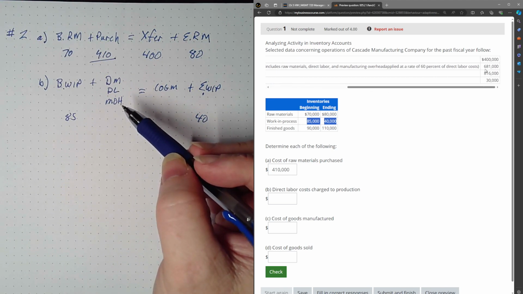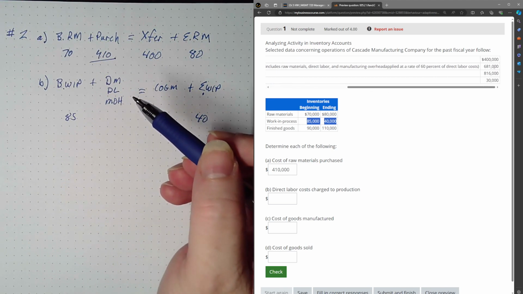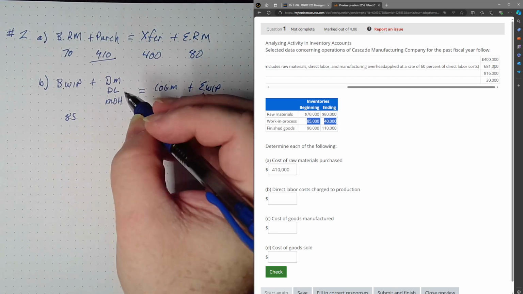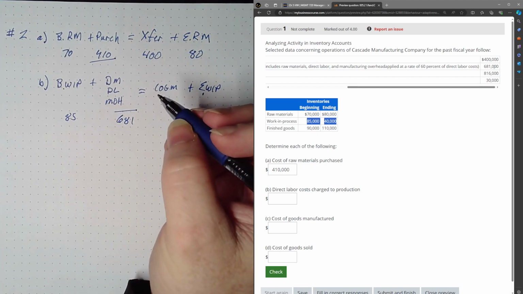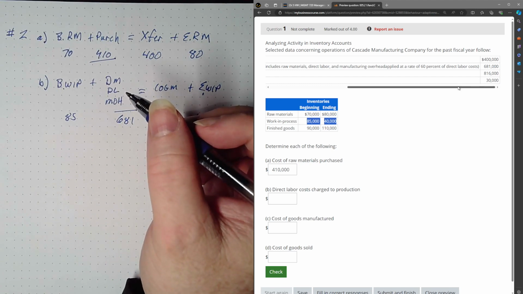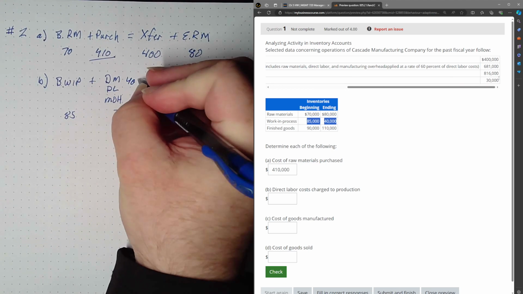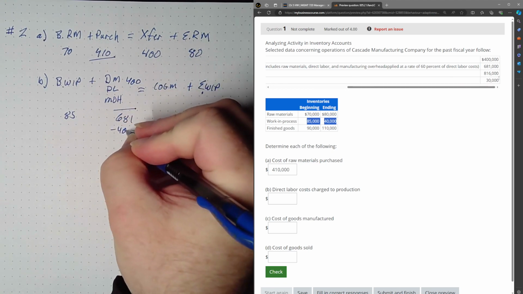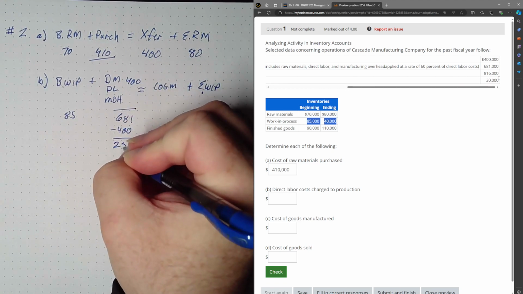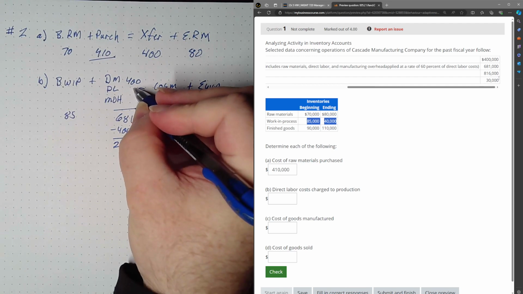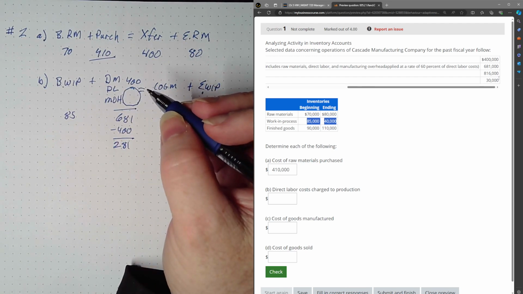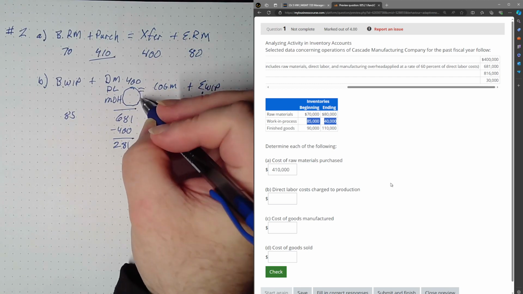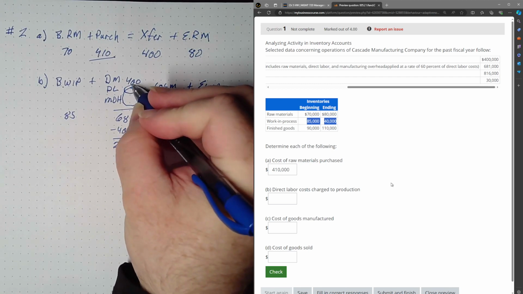It says 681,000. If I'm reading this correctly, they're saying these three together add up to 681. And they've given us raw materials, which is 400,000. So if I take away 400,000, 281. 281 equals these two combined. And what they're asking is, what is just direct labor?